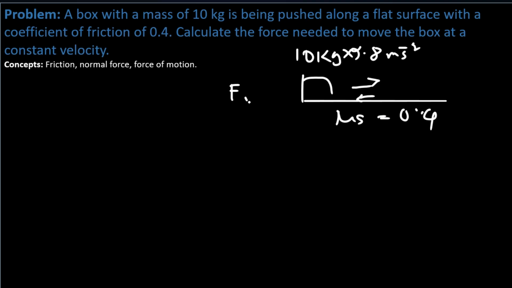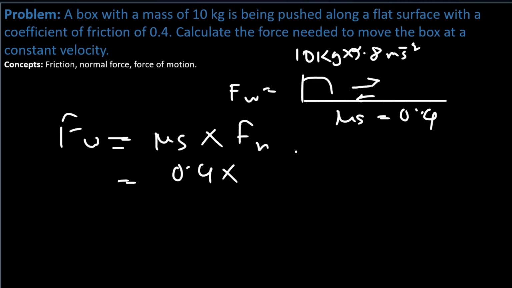So F equals mu s times the weight Fn. So here 0.4 times 10 kg times 9.8 equals 98 Newton.